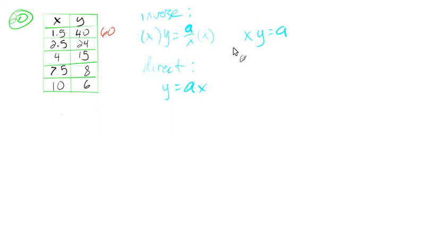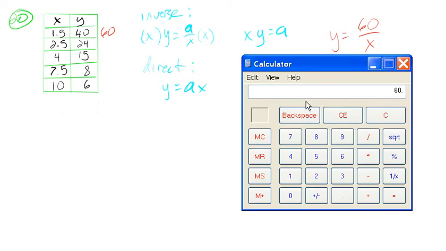So if it's inverse variation, then based on this one example, the equation would look like y equals 60 over x. We should be able to take 60 divided by x and always get whatever the y is. Or, like we said, we could take x times y and get a. So for all of these, if it's inverse variation, we should always get 60. That's the important part.